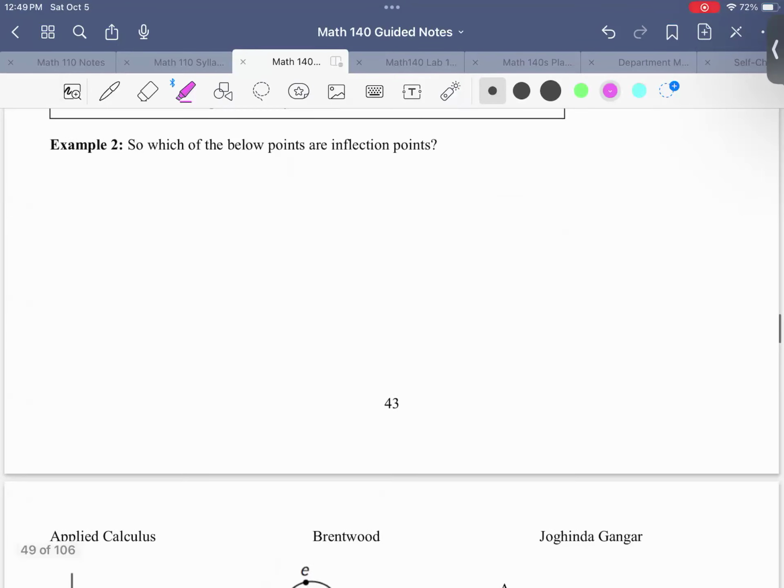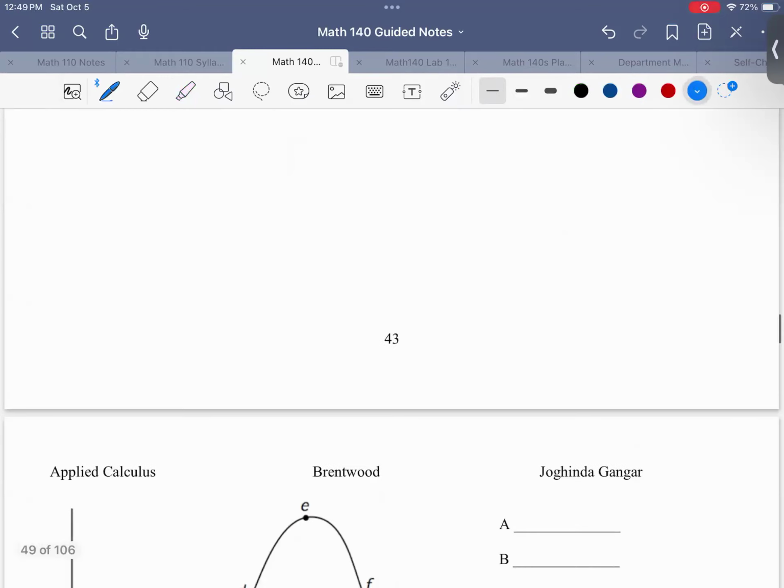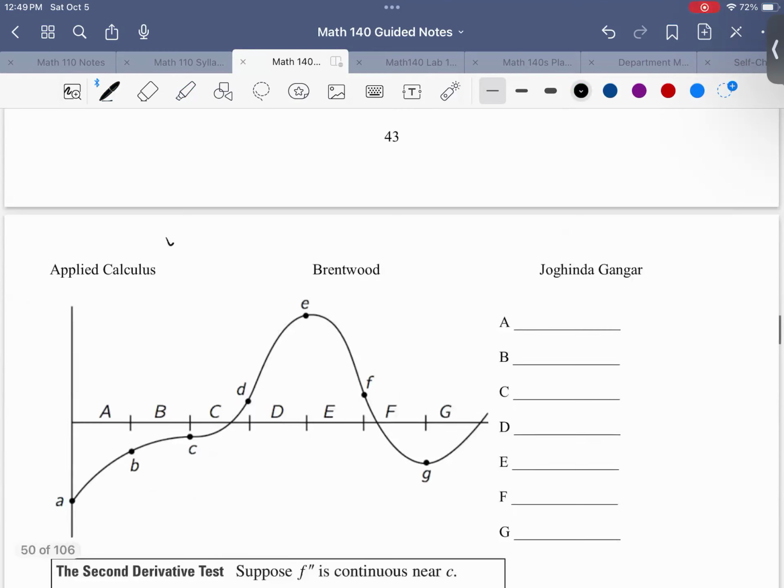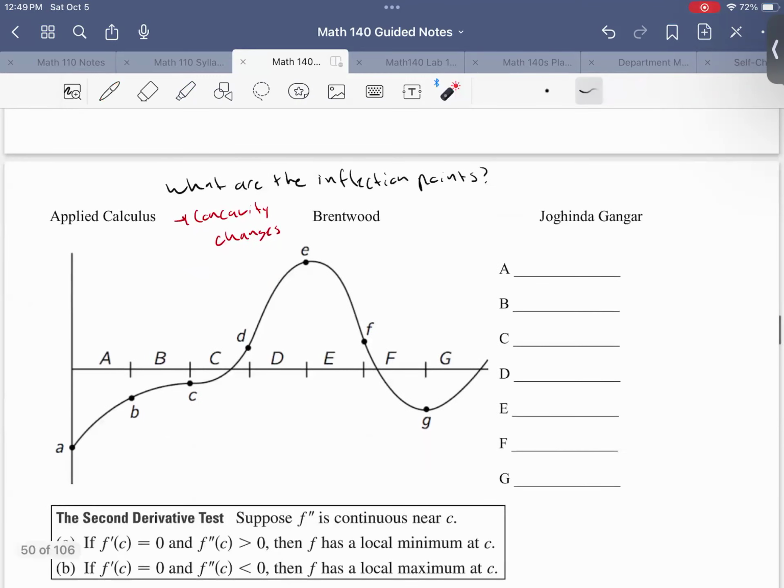So, what are the inflection points? Remember, this is just where concavity changes. All right, so we're just looking through these and seeing where the concavity is changing.